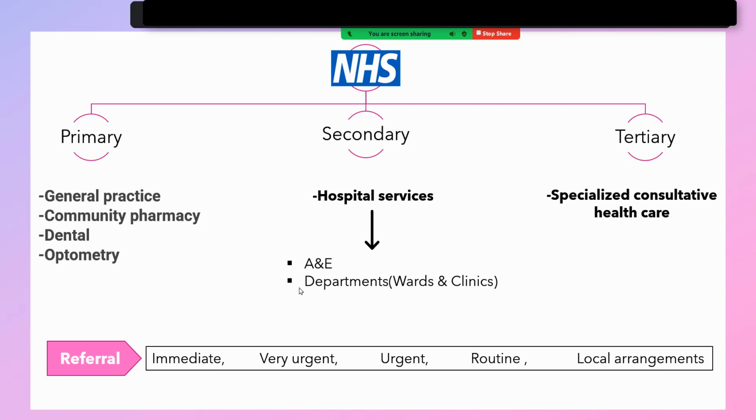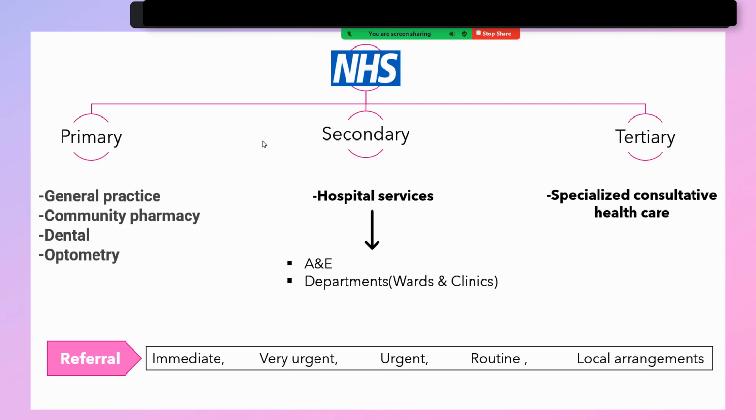In each department, you find the wards for inpatients, for admitted patients, and clinics for treating outpatients. All right? What is the importance of this? The importance is you have to know where you are and what you are going to do.